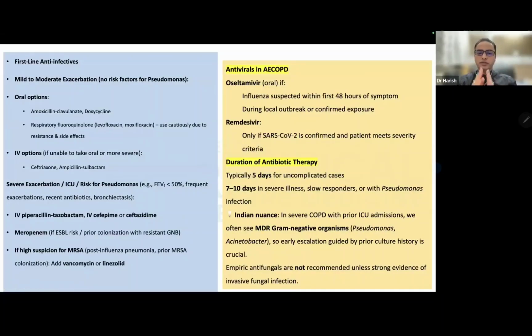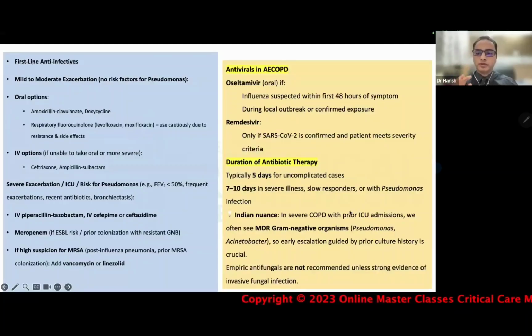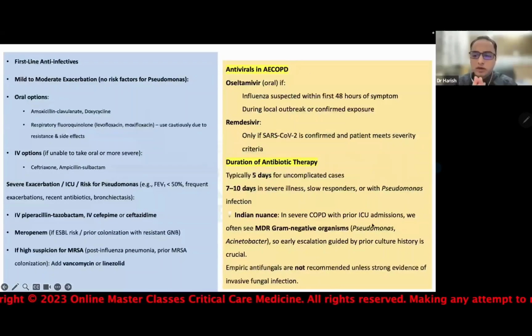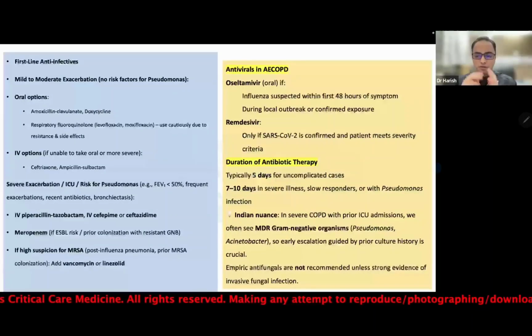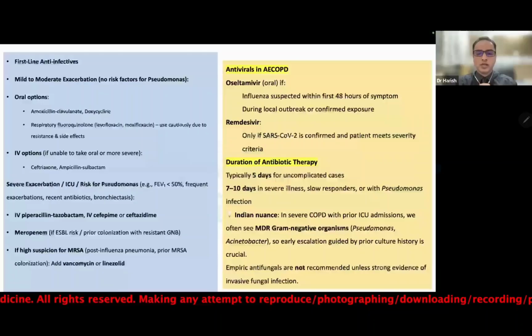So what is the duration of therapy? See, the shortest duration for infective exacerbation of COPD is somewhere around 3 to 5 days for uncomplicated cases. 7 to 10 days in severe illness, slow responders, or in patients with Pseudomonas. In severe COPD with a prior ICU admission, we often see drug resistant gram negative organisms, particularly Pseudomonas, Acinetobacter.